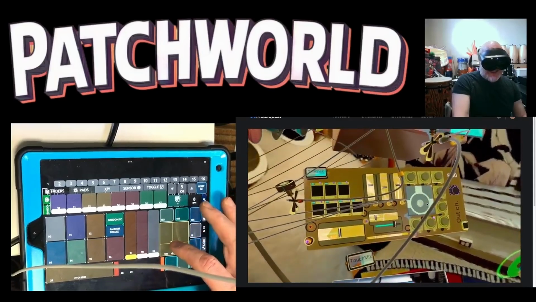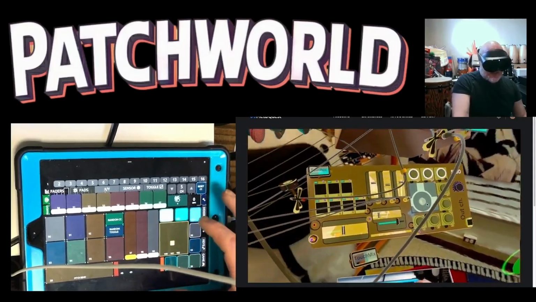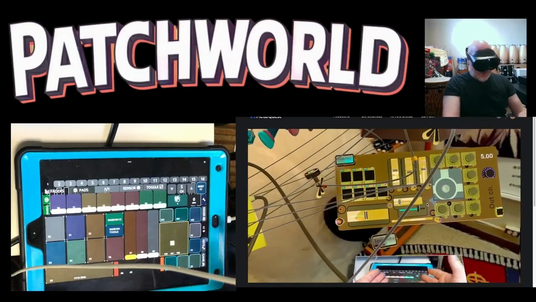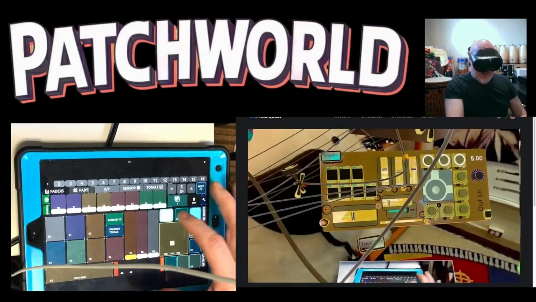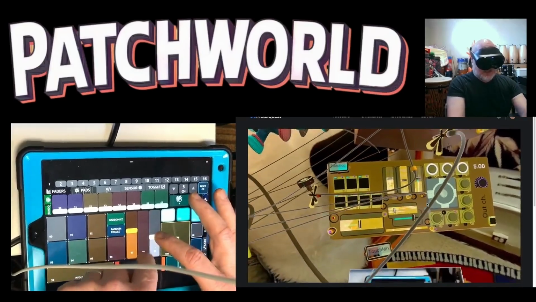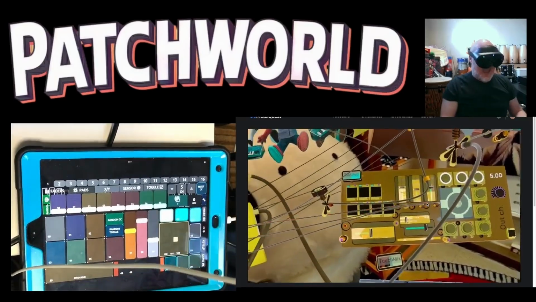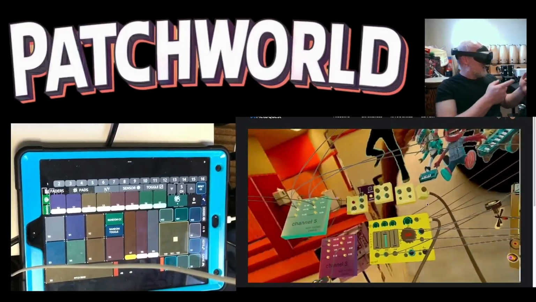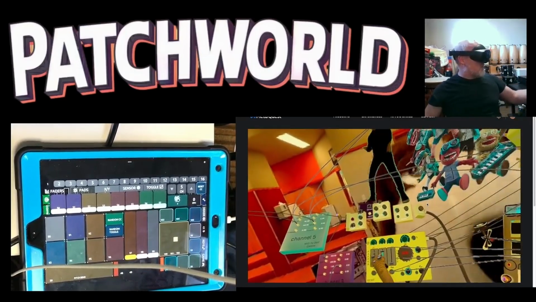This is insane. He created this binding that literally, I'm using an iPad, right? And the iPad is changing these specific things on this device, which means every single patch that comes from this device can change things in the world.